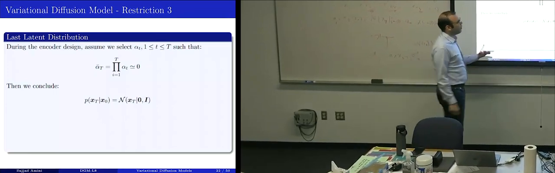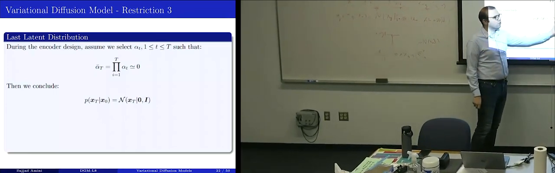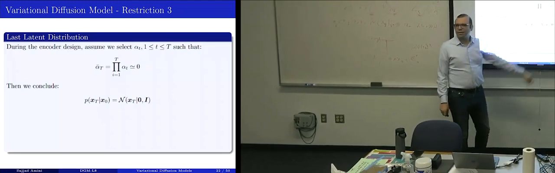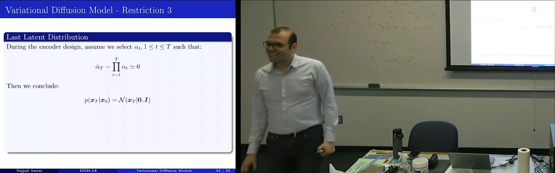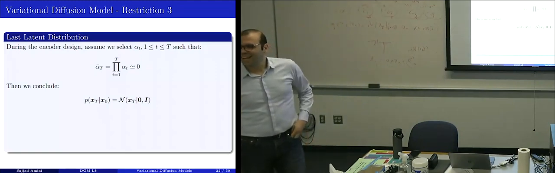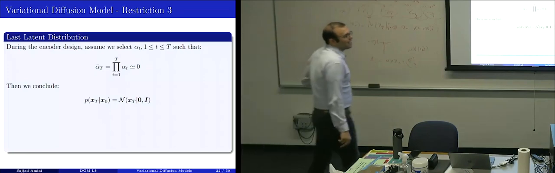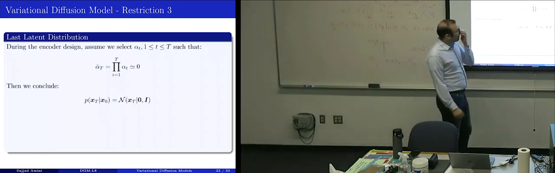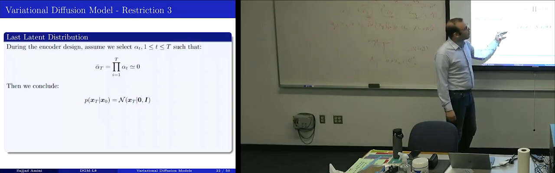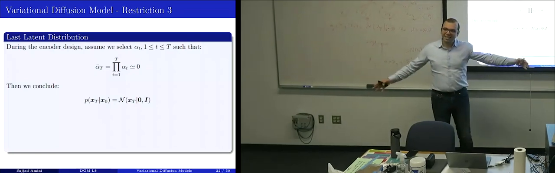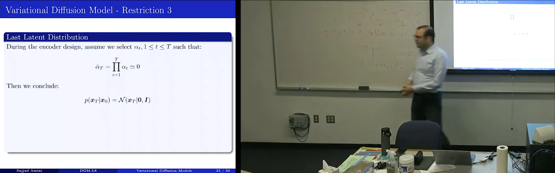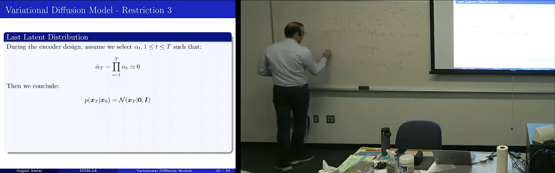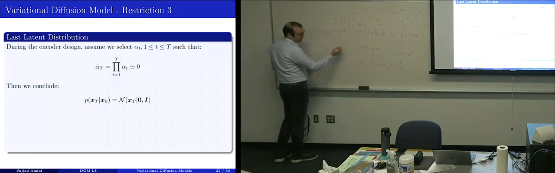It means that although you have a conditional distribution, it is not dependent on your condition. Make sense? The only way for that to hold is if one of the alpha t's is equal to 0. Not necessarily. Another option is you increase t and select alpha t almost near 1.